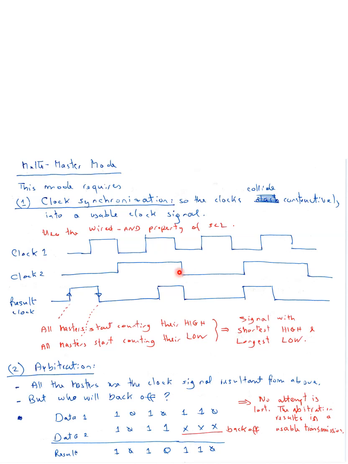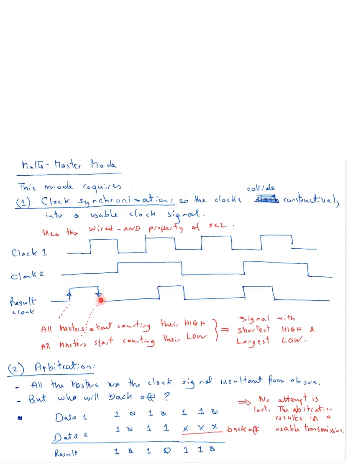Knowing that low prevails, this is the first time a master will drive the clock line to low, and that's indeed what we will observe on the bus. Because the low prevails, when multiple masters start counting their high at the same time, we're gonna observe the shortest of the high durations.